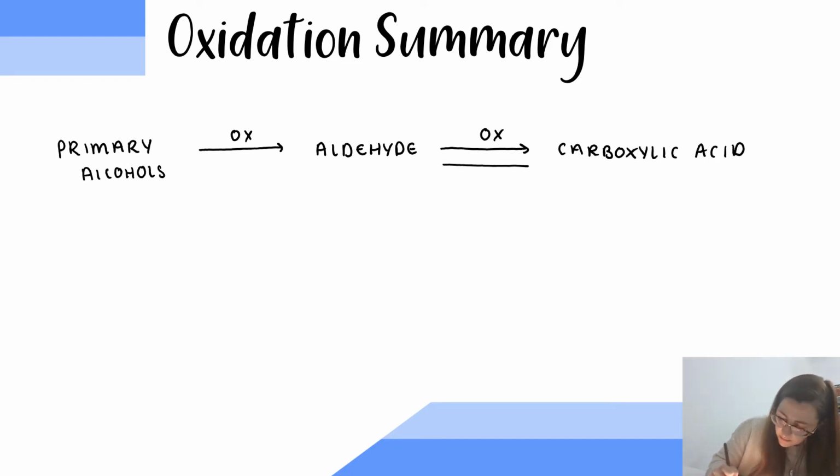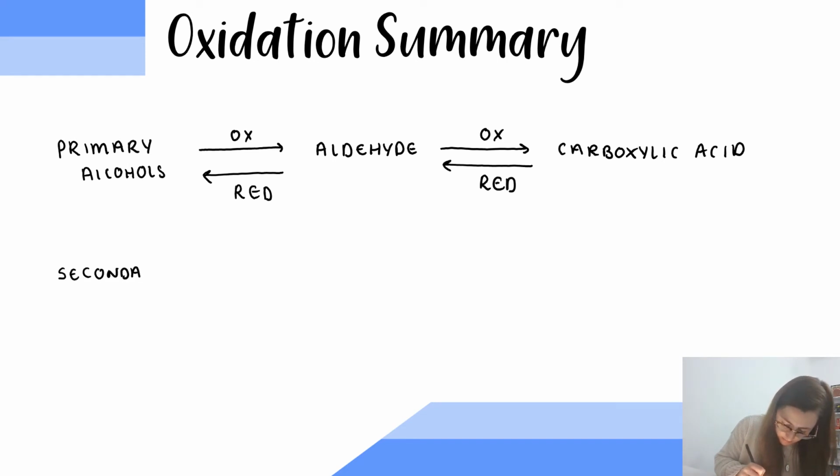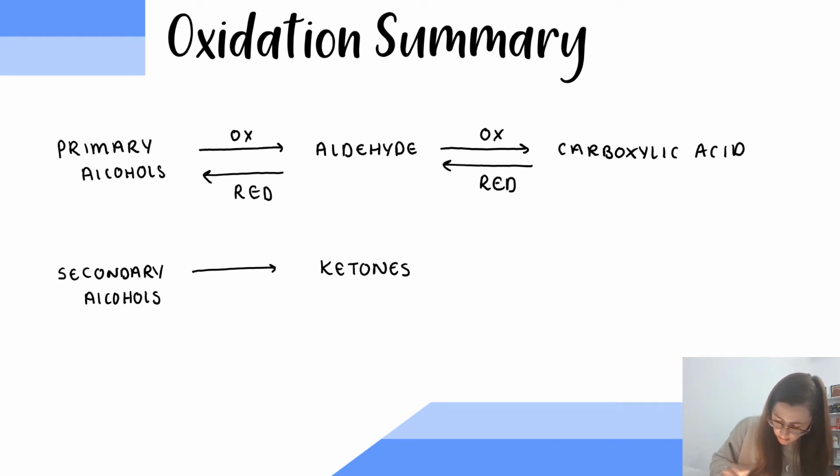If we go back the way then, we are reducing carboxylic acids to aldehydes and reducing aldehydes to primary alcohols. We've also looked at secondary alcohols, and they can be oxidized to ketones, but they are not oxidized any further than that.